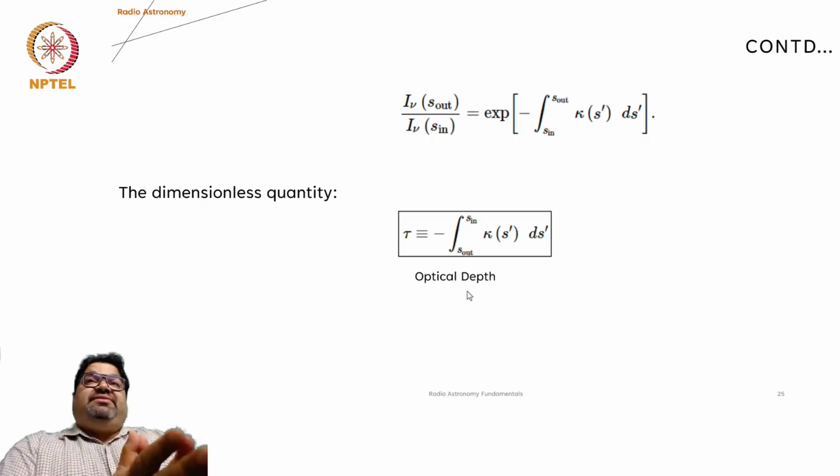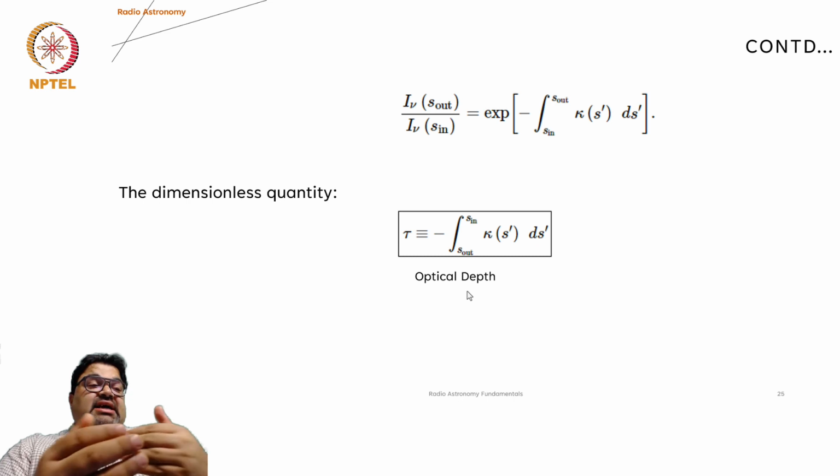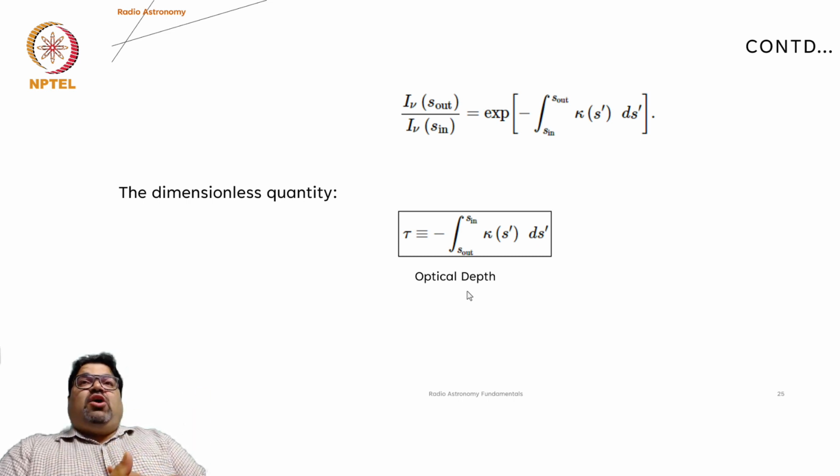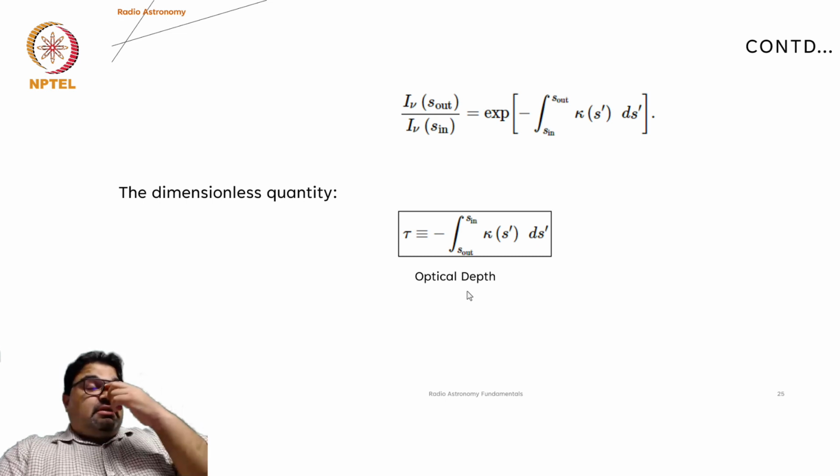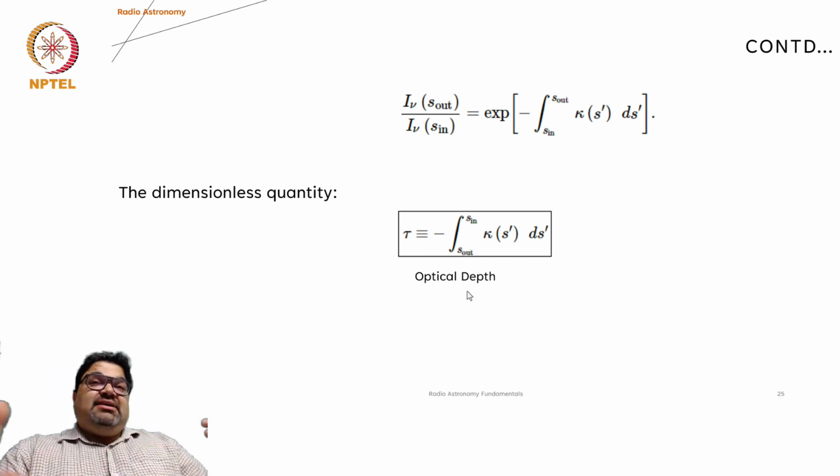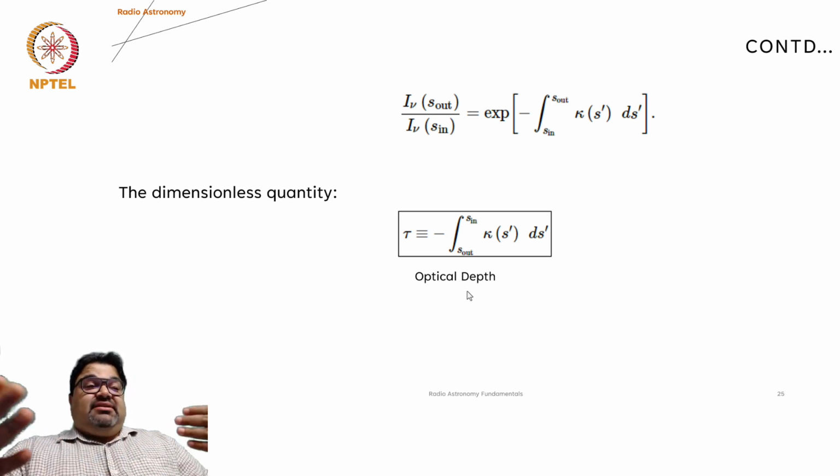So your incident and outgoing intensity is affected by the optical depth, which makes sense. If it is optically thick, almost nothing comes out of the other end, and if it's optically thin, then nothing happens to the incident radiation; both are equal.